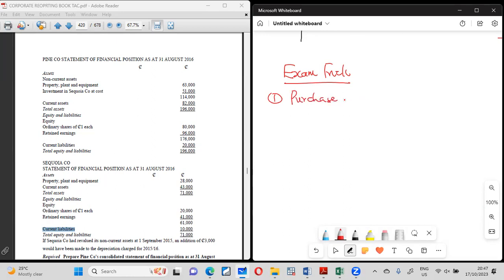You saw that when we were doing workings 3, Goodwill, we start with purchase consideration. But the truth is that there are about 4 ways the purchase consideration can happen. So we will look at each and every one of them, so that whichever one the examiner brings, we will know how to use it.